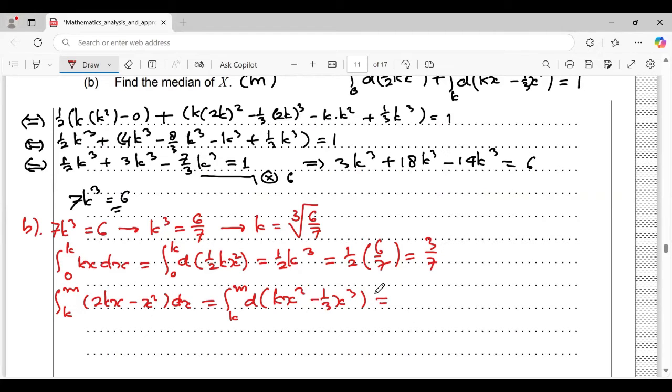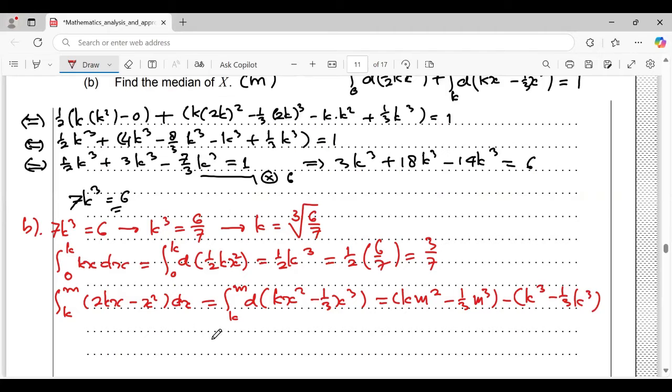After that, substitute m and k. It becomes km squared minus 1 over 3 m cubed minus k cubed minus 1 over 3 k cubed.